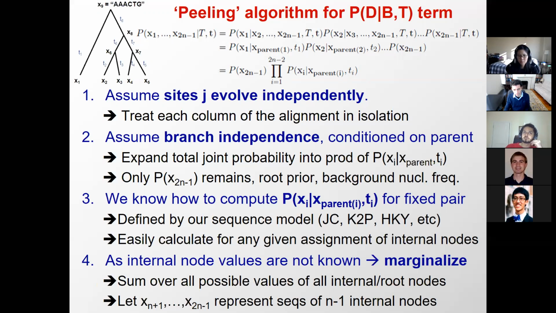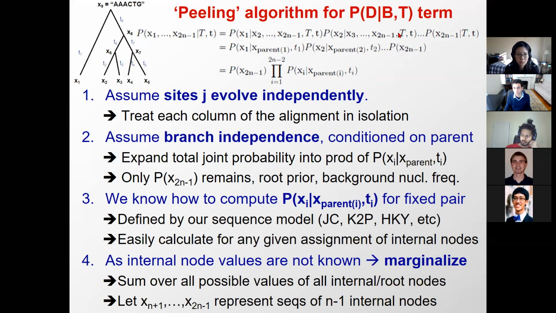And then all of these are going to be representing the n-1 internal nodes. So we're going to be iterating over all possible values to say with what probability I have generated the observed sequences. Instead of making an assumption of the maximum likelihood estimate of the ancestral node, we're going to be iterating over all values.